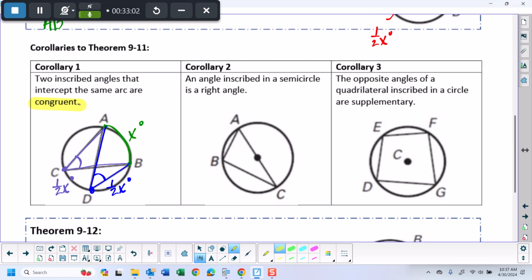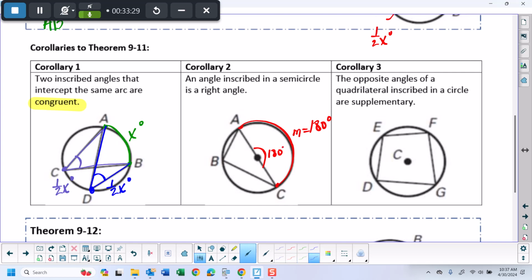All right, here's another corollary. If I have a semicircle, what is the measure of this arc? If I have a semicircle, the measure of my central angle is 180 degrees because it's a straight angle. And the measure of my arc is 180 degrees.